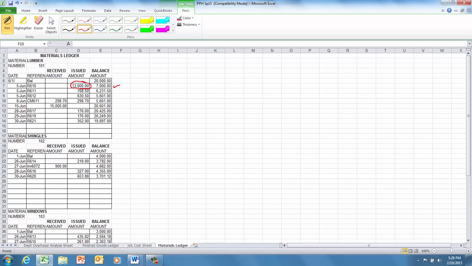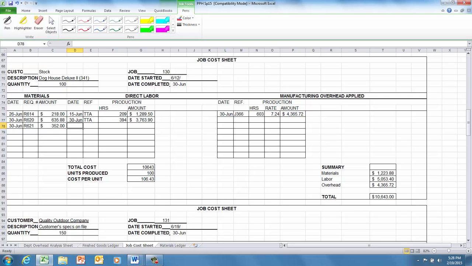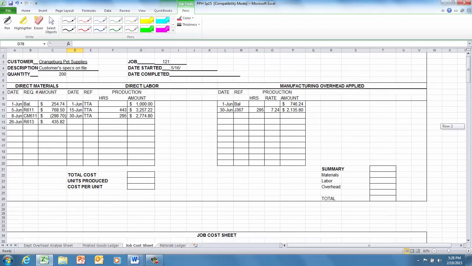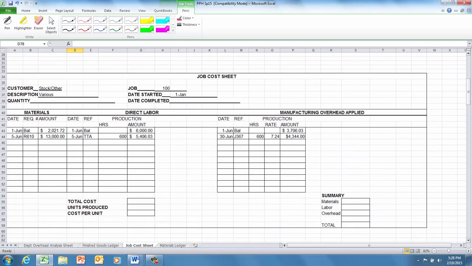So we're going to click here on the job cost sheet tabs, and that brings up the job cost sheets. And then you're going to find job 100 was the job. So here's job 100, and again under the date you would put 6/5.